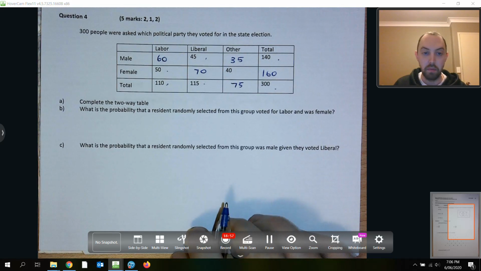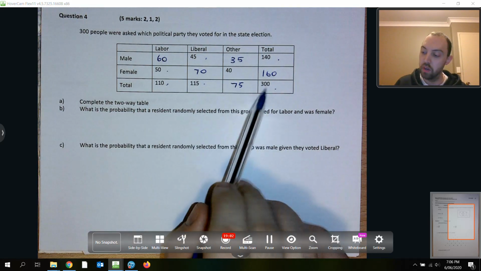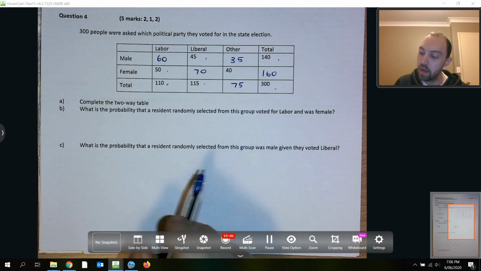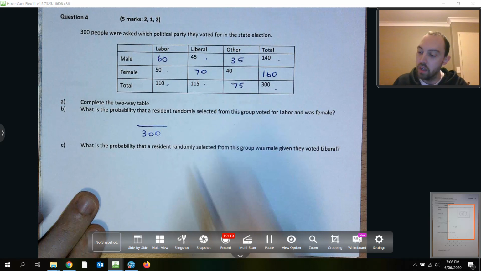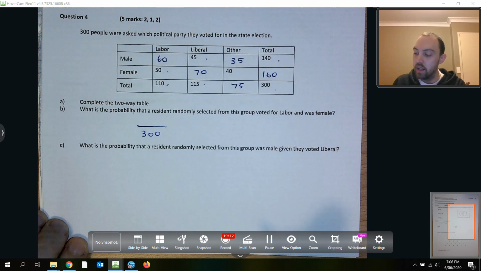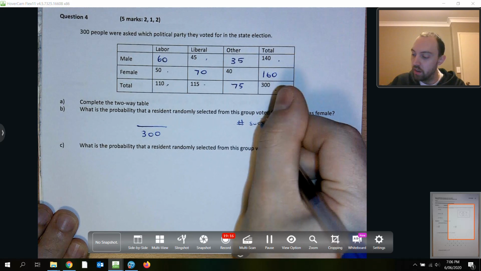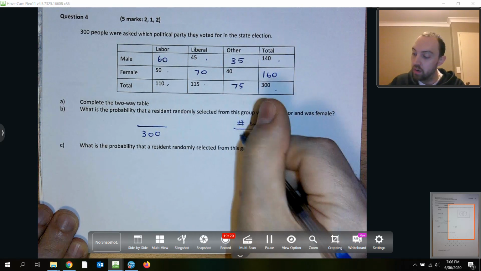Part B, what is the probability that a resident randomly selected from this group of 300 people here voted for Labour and was female? Well, there are 300 people in total, and we're basically thinking of the number of successes over number of outcomes.